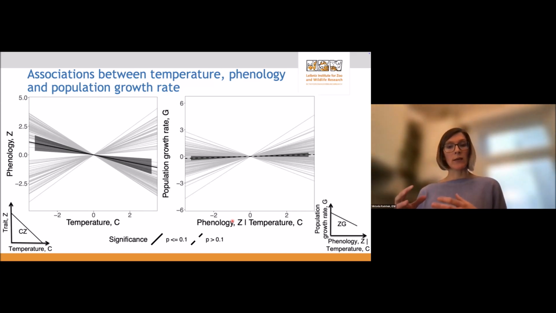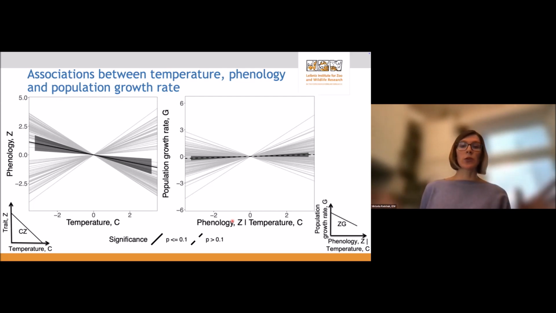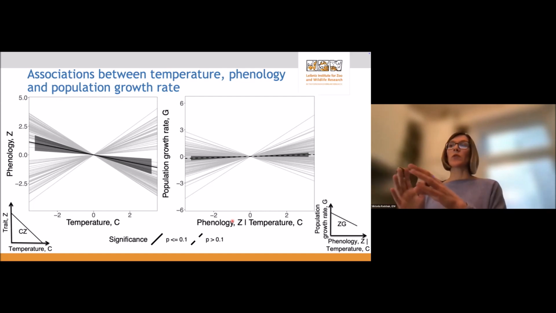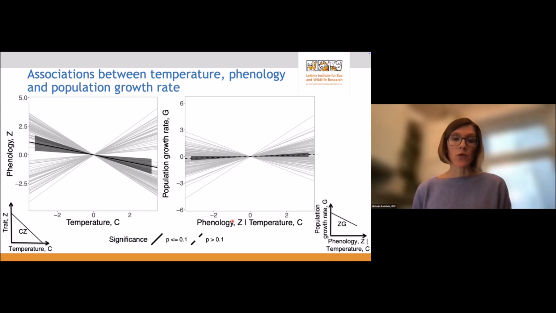Then, regarding the specific phenological traits, we have a few autumn events, but the majority are spring phenological events, and none of them really lines up with being either positive or negative. So there is no strong structure in there.